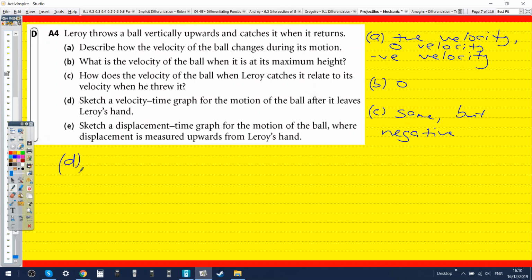The velocity time graph would be a negative parabola. Yeah, I think so. If we take it as 0, then it might start from 0, go back down to 0. Hang on, that's a velocity time graph. Okay, a displacement time graph.